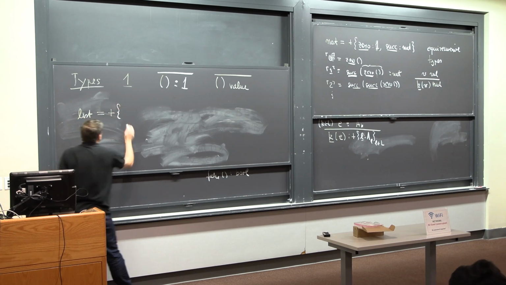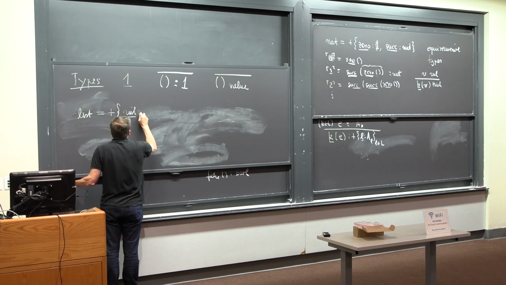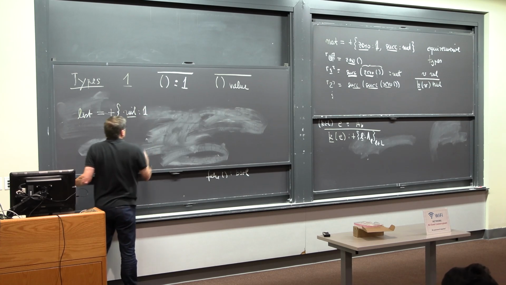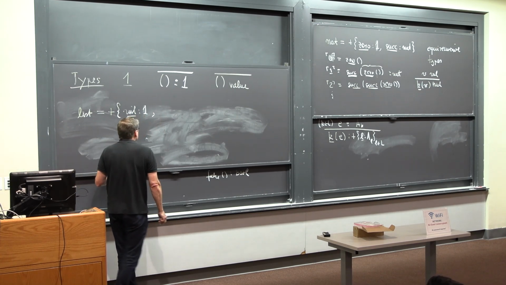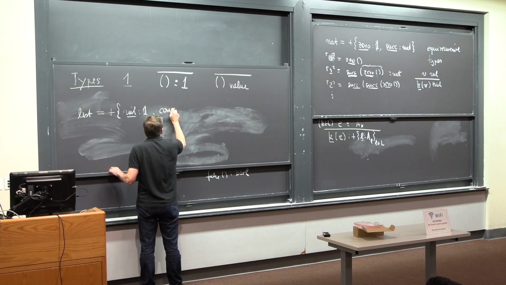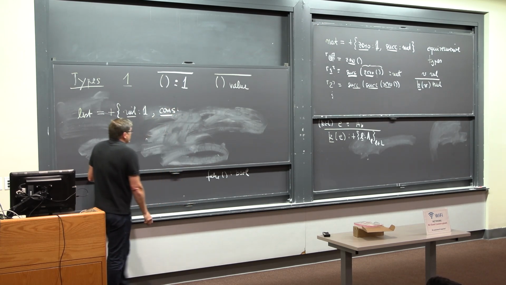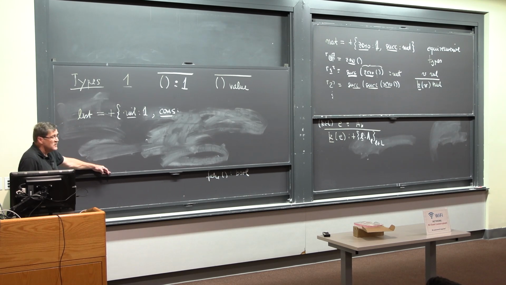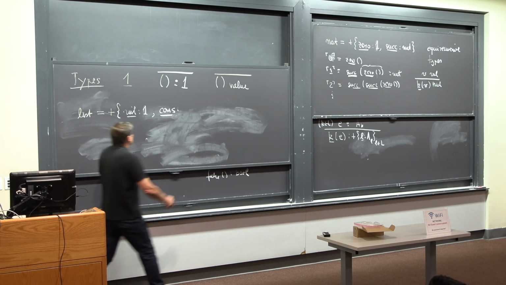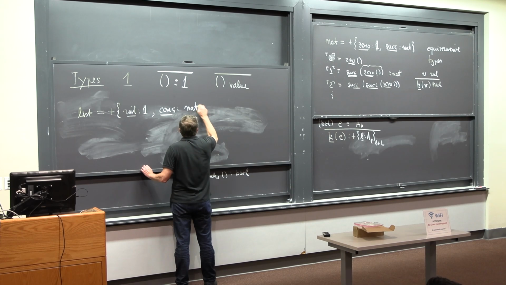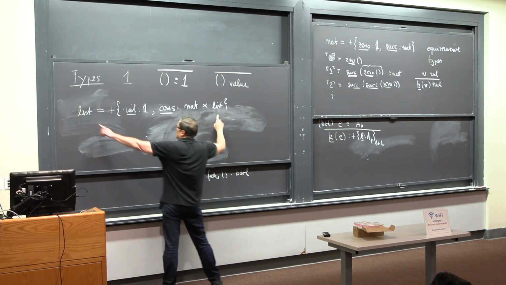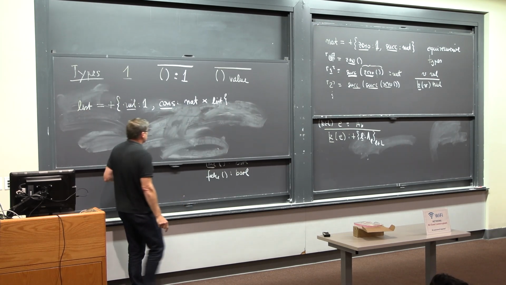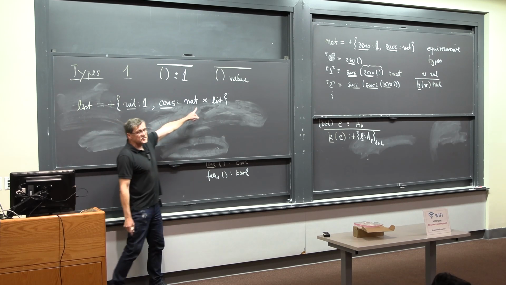It can either be an empty list, and then nothing, the unit element: nil tags the unit element. Or it's a cons, and what we want is an element and another list, the tail of the list. So this is also a recursive type because list appears here and here.